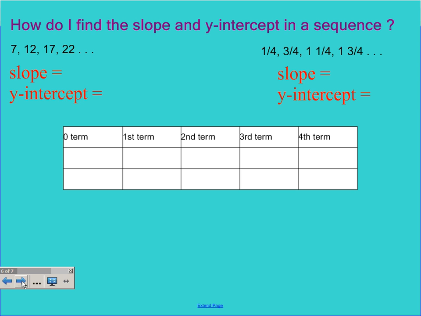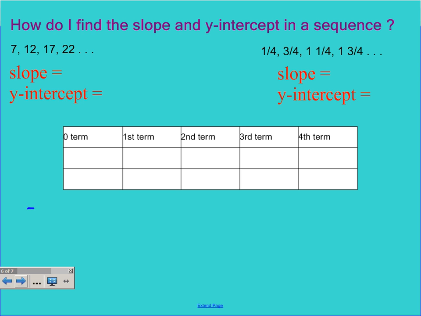How do I find the slope and y-intercept in a sequence? When you're looking at the sequence, if you start with the same amount of change, then your first term is your 0 term. I'm talking about the first term in the sequence. Let me explain. Let me do an example down here, just kind of a sidebar.